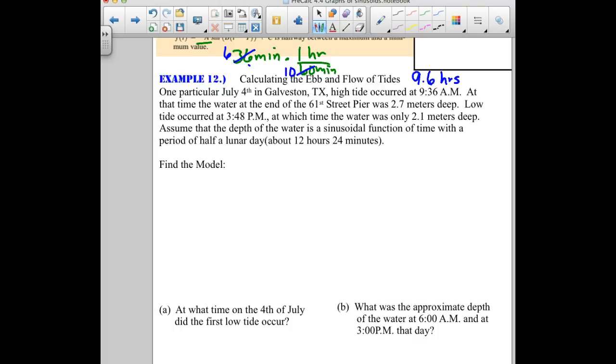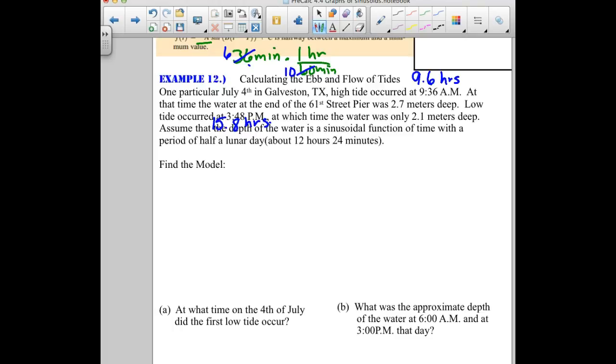How do we determine 3 p.m. versus 3 a.m.? Can we think in terms of military time? Do you know what I mean by that? So anything after noon, like 1 p.m. would be 13, right? So 3 p.m. would be 15.8 hours. Okay.